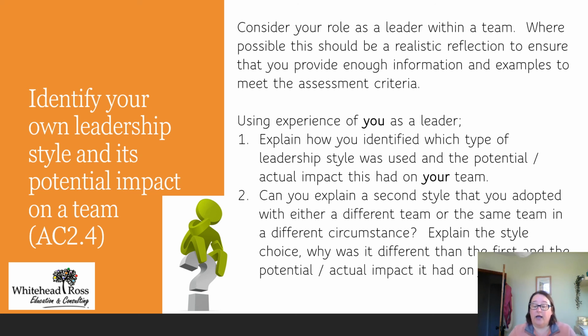Okay. You may well find that within your role as a leader, you had a dominant style, and then you had other styles that you brought in different situations. That's absolutely fine. If that's your reflection, then so be it. That's what you discuss. Did you maybe have a dominant style and adopt a different leadership style for different team members?